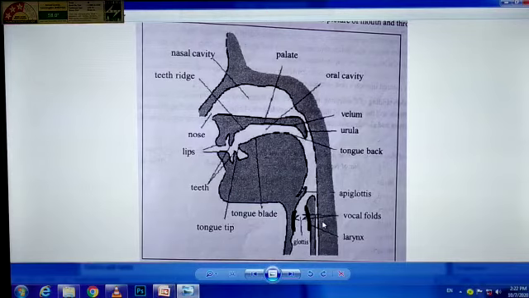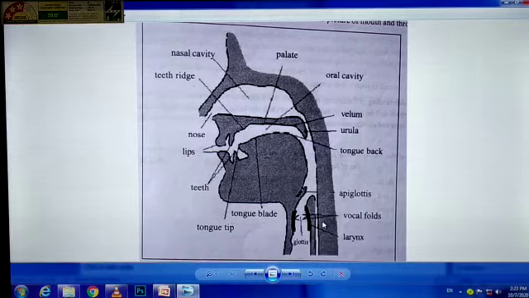And here, these articulators are divided into two groups as active articulators and passive articulators. So we use these organs in our mouth and throat. These are all part of our articulatory system. So what are these active articulators?